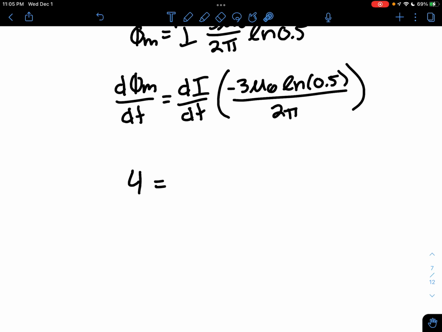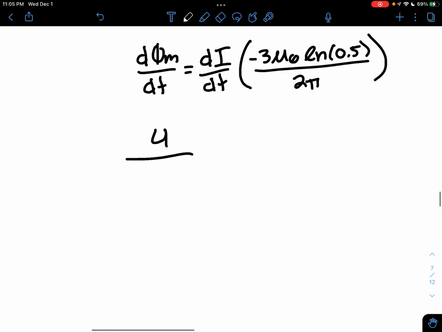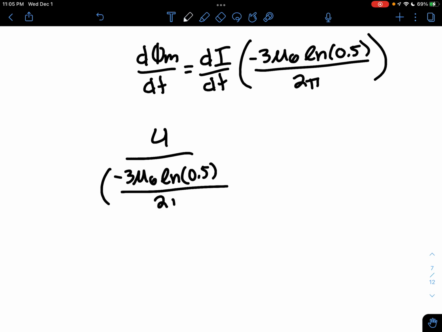And now we can just solve this one equation, one unknown, for di dt. So really all it's going to be is 4 over that monstrosity, which I'll just rewrite one last time, mu naught ln 0.5 all over 2 pi. That's going to give us our di dt.